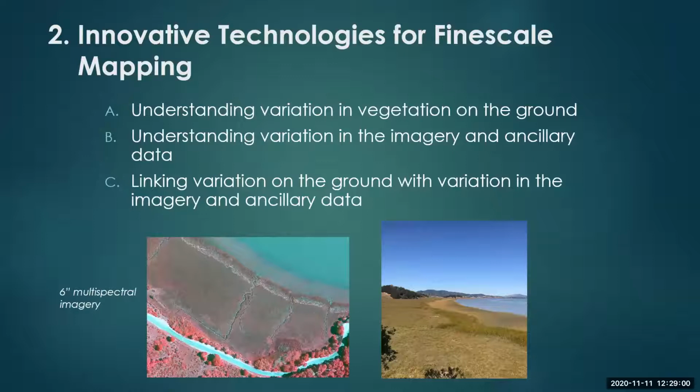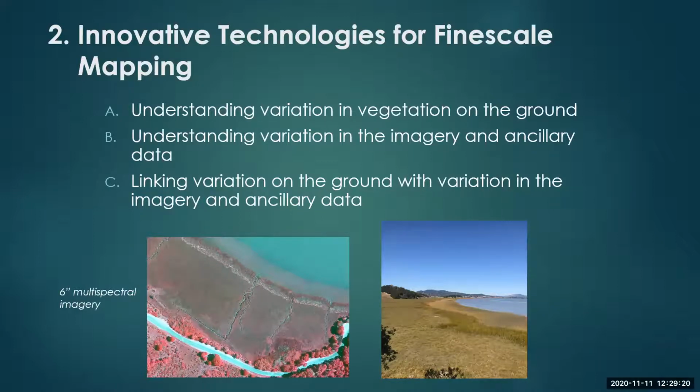So we'll talk about methods. We're talking about innovative methods, but I'm going to start with the basic ones, which is, if you're going to make a map, you've got to understand what causes variation on the ground. You've got to understand what causes variation in the imagery and ancillary data, and you've got to link those two.